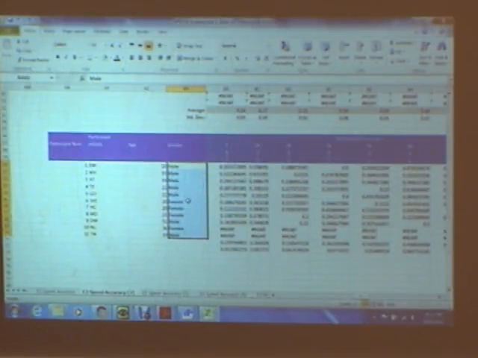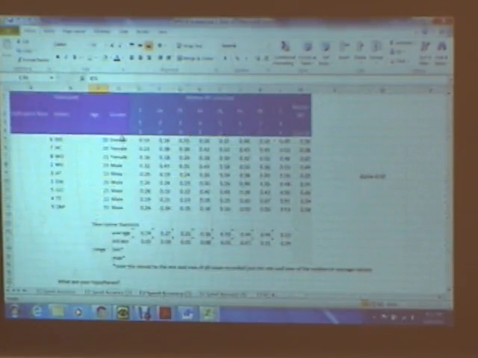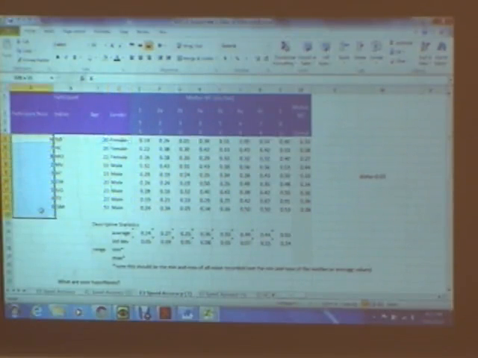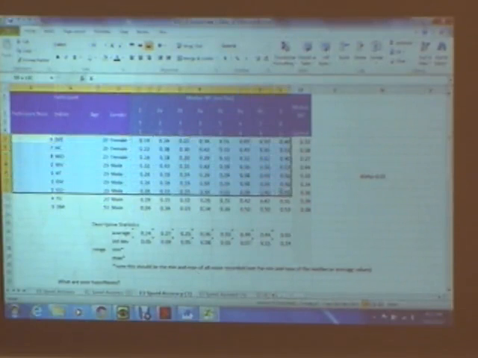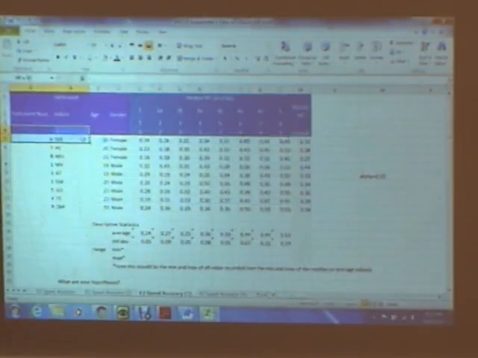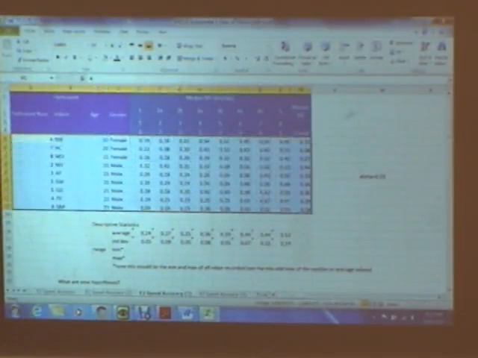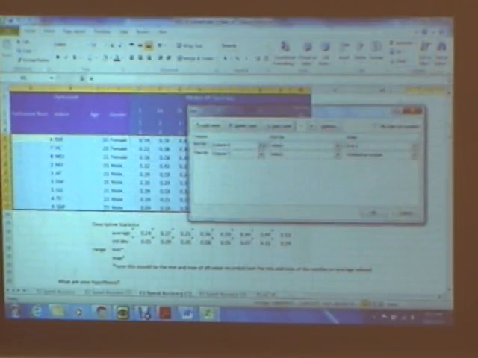But one of the things I usually like to do is I sort it. And when I sorted the data, you can see now that the participant numbers all flipped around. Here, let me show you how I've sorted it. So I'll go back to what it was.